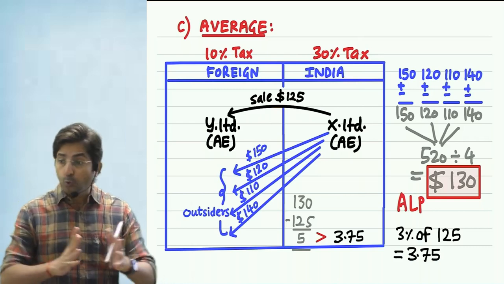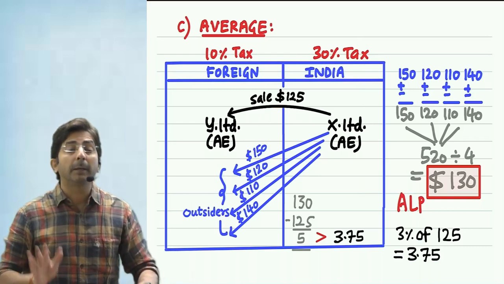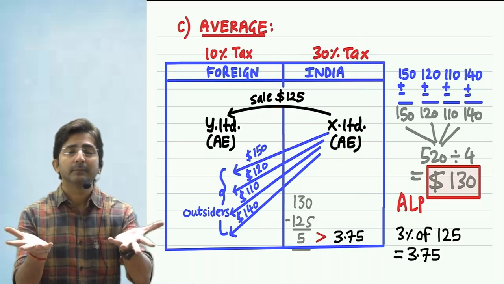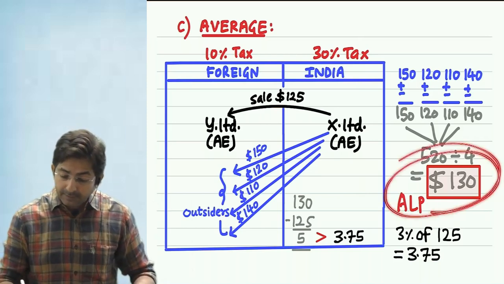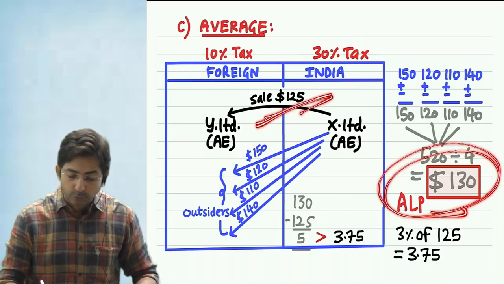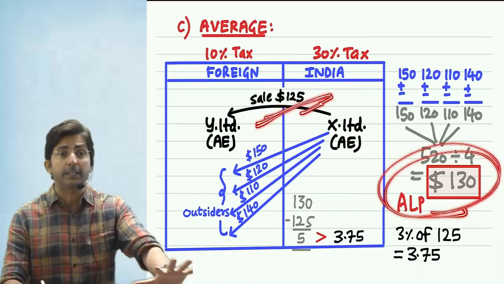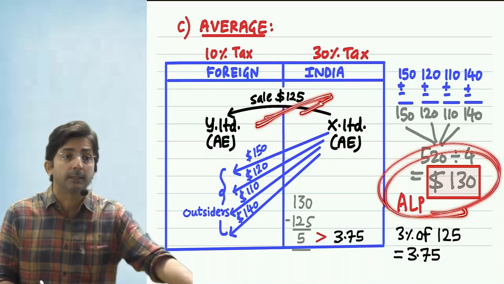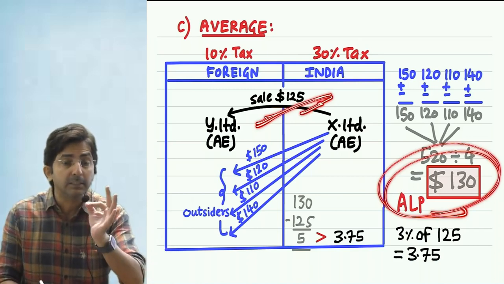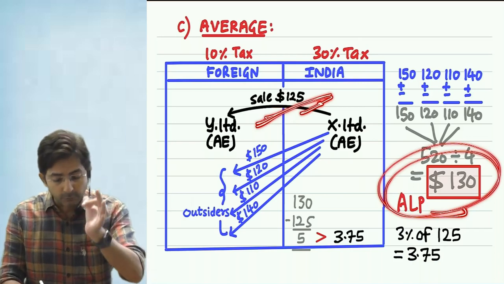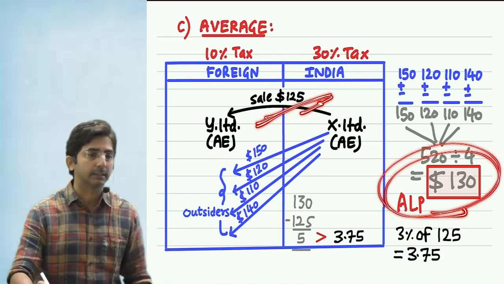But if there is a huge variation between this average ALP and the actual price, if there is a vast difference, then we will not tolerate at all. At all means entire difference will be added to the income of the assessee.